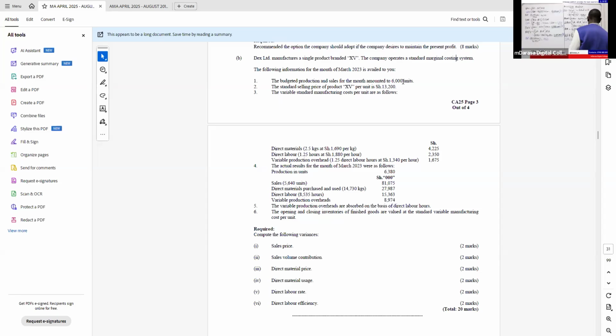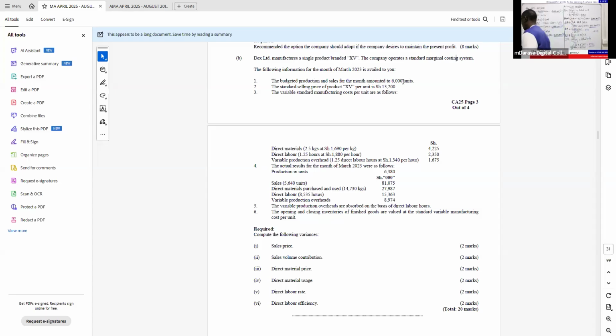So once we have 79.75, it would be easy for us to determine our labor efficiency variance, where we take the standard hours, 79.75, less our actual hours, which in this case was 85.35.